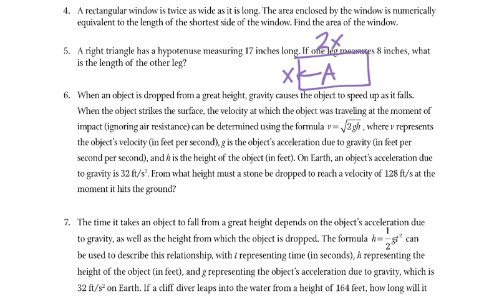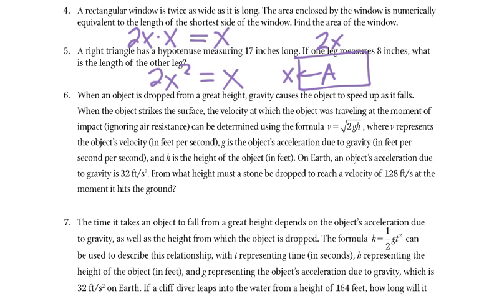So essentially the area would be length times width, 2x times x, which is going to be equal to x. So I get 2x squared equals x. So we've got this problem here.